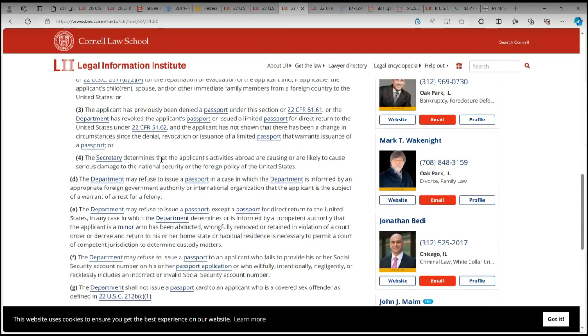The Secretary determines that the applicant's activities abroad are causing or likely to cause serious damage to the national security or foreign policy of the United States. There's cases that I'm going to recommend people to read, right? And it applies to all persons that are U.S. citizens who applied for a passport. I think this is Kent versus the United States.